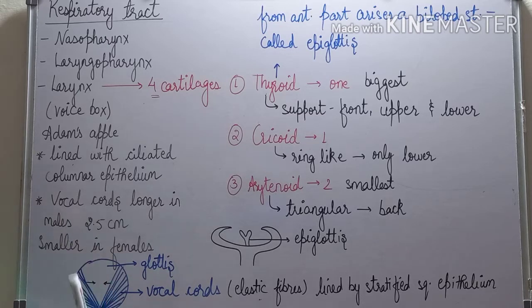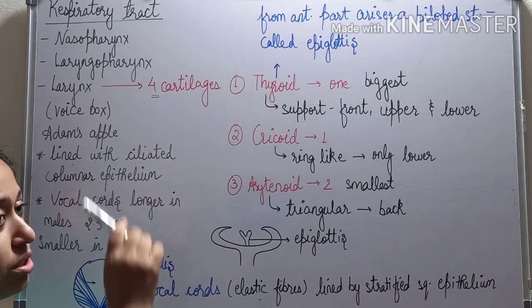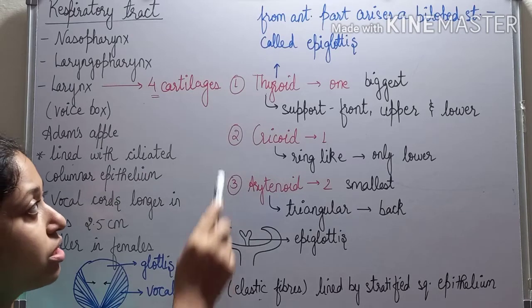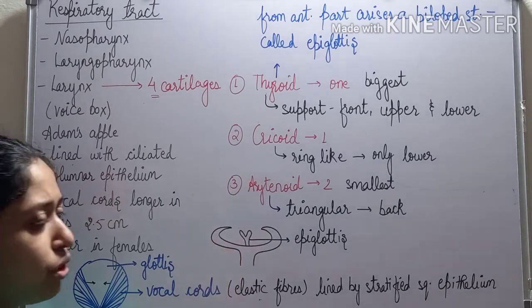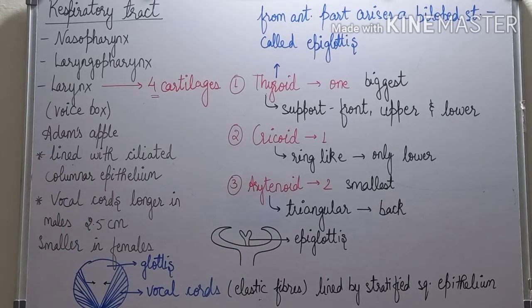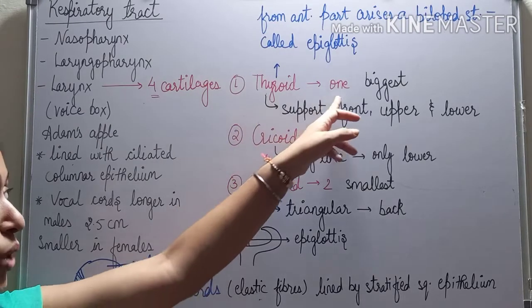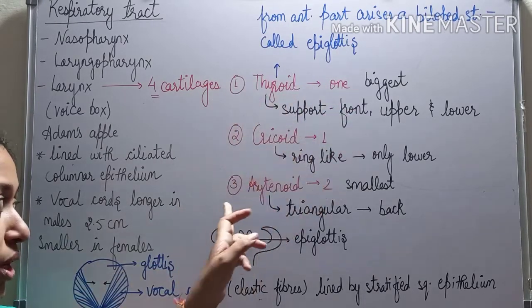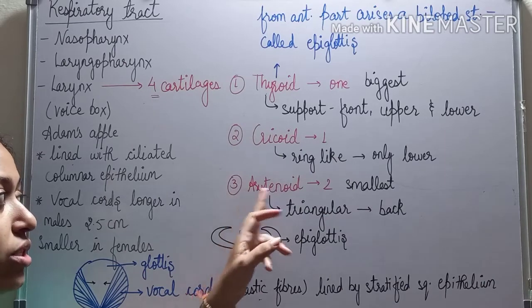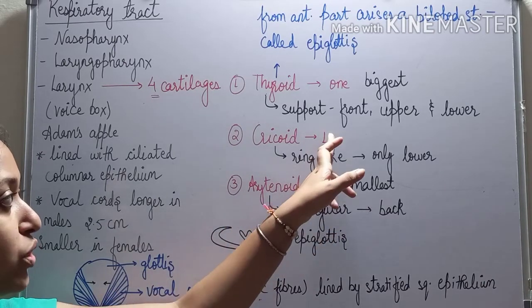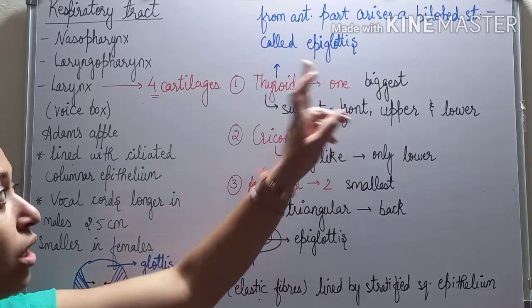So there are 4 cartilages, that is thyroid, cricoid and arytenoid. Now you must be thinking, ma'am said 4 cartilages but told the names of only 3. It is because thyroid cartilage is 1, cricoid cartilage is 1 and arytenoid cartilages are 2. 2 plus 1, 3, 3 plus 1, 4.